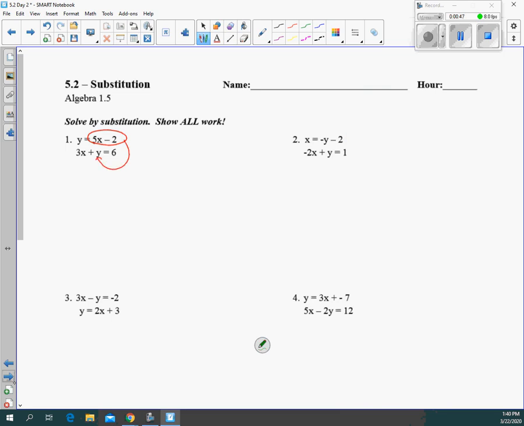I'm going to rewrite the second equation as 3x plus y equals 6, but instead of writing y, I'm going to write 5x minus 2. The point in this is it gets rid of one of those two variables. Both equations had two variables before, so we couldn't solve for it, but now we only have one variable. We only have an x. So when we do our distribution and solve for x, it's a real quick and easy way to get there.